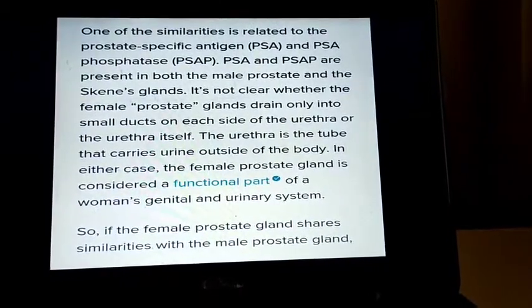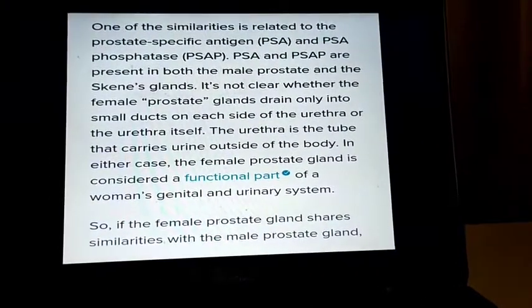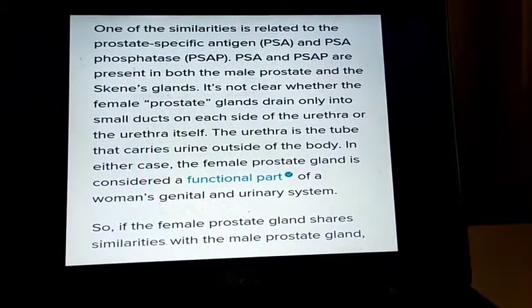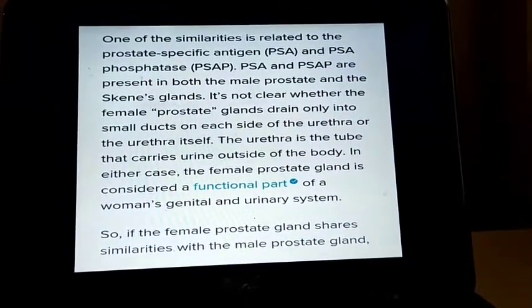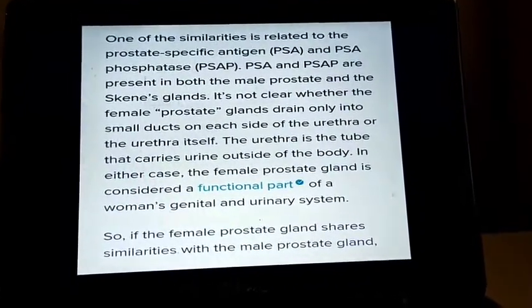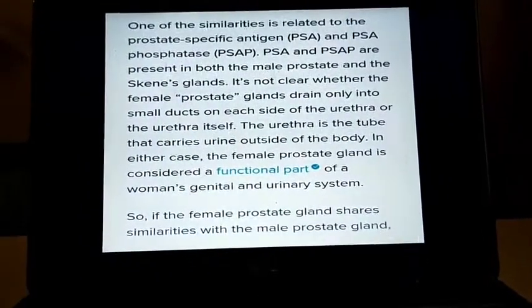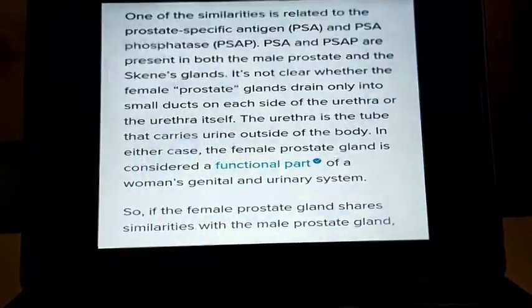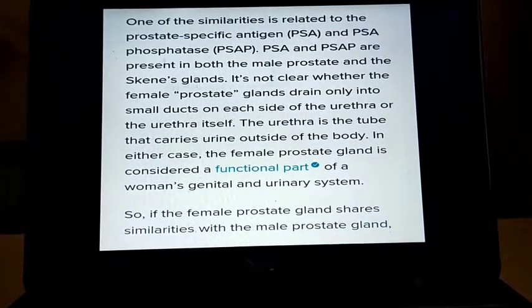Another one is phosphatase. Prostatic acid phosphatase, PAP, and PSA are present in both the male prostate and the Skene's gland. It is not clear whether the female prostate gland drains only into the small ducts on each side of the urethra or into the urethra itself.